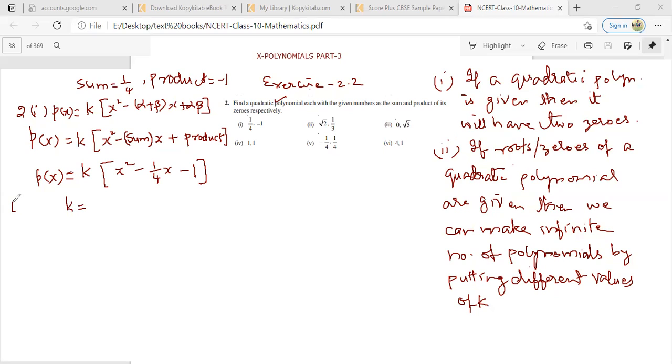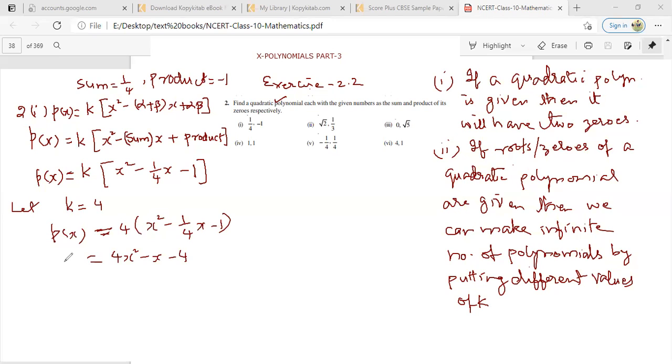So let k is equal to 4. Then Px will be equal to 4 into x square minus 1 by 4 x minus 1, and multiply 4 inside. So this will become 4x square minus x minus 4.